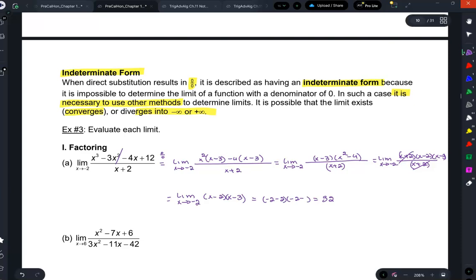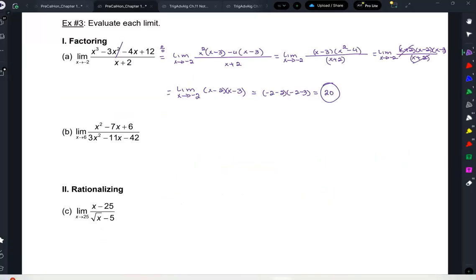Oh, it's negative 3, so it's 20. Right? So the limit is 20. Any questions? One other thing: you see how this is convention, like we just put 0 over 0. This is agreed upon, we all know what that means, okay?